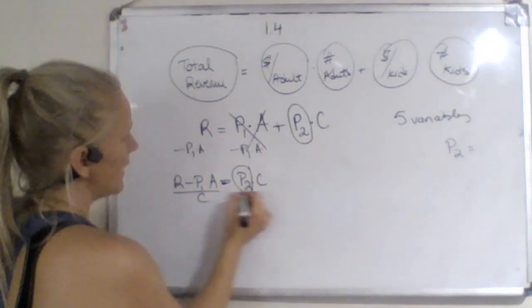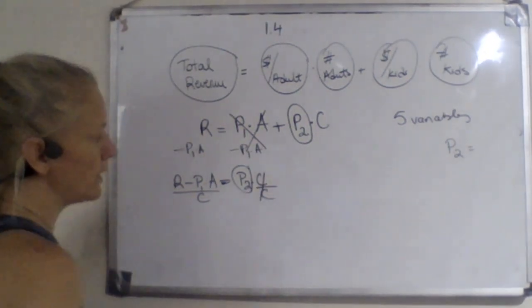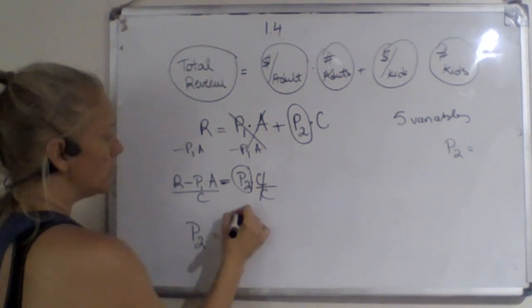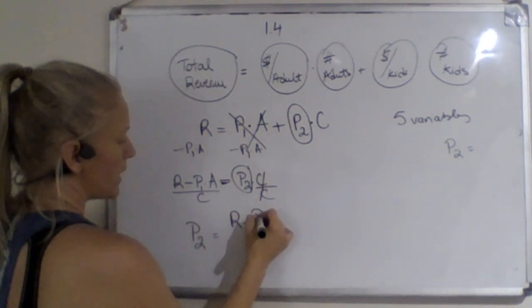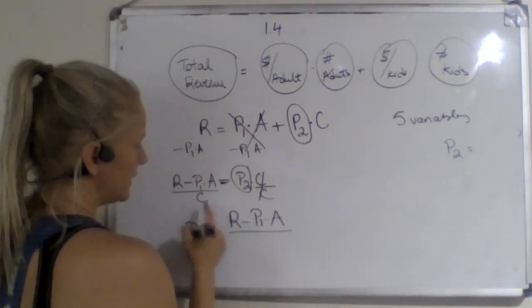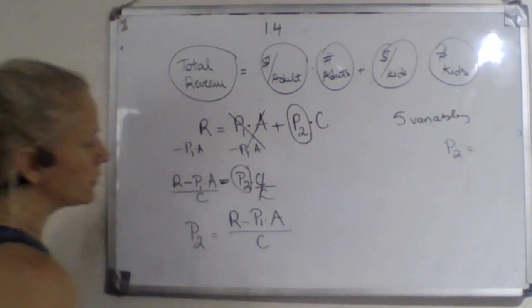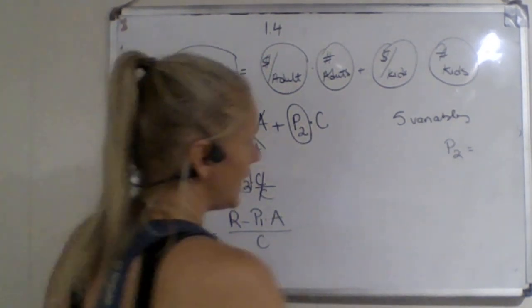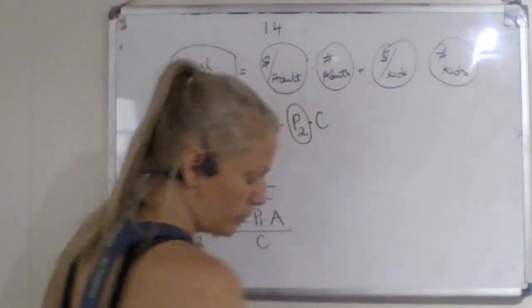I need to divide by C to get rid of it, which means my P2 is going to be my total revenue minus the price 1 times the number of adults that come, divided by the number of children that come, right? Well, now that I have this formula, I can play with it based on what they ask us.